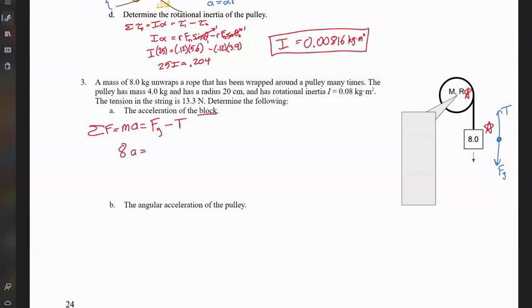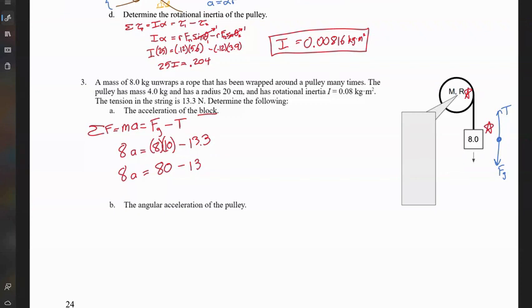Acceleration is what we want to know. Force of gravity is m times g, 8 times 10, minus the tension in this string, 13.3 newtons. This is actually pretty straightforward. 8 times A is 80 minus our tension, 13.3.